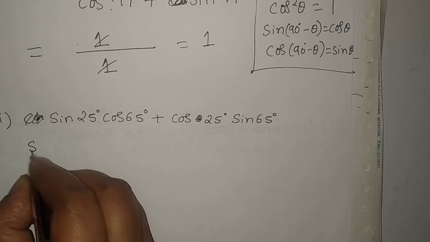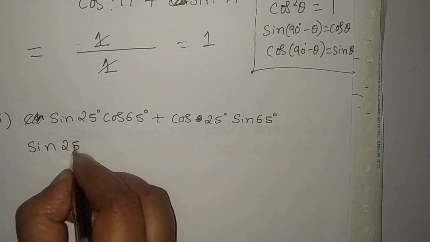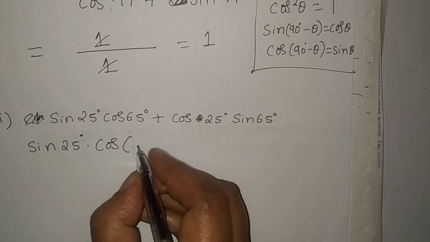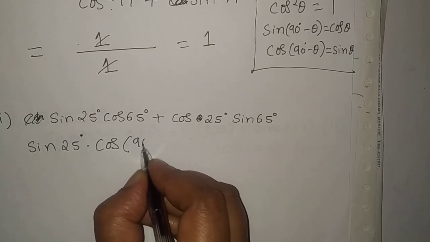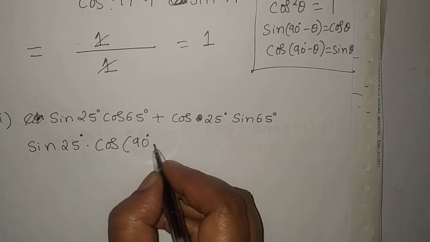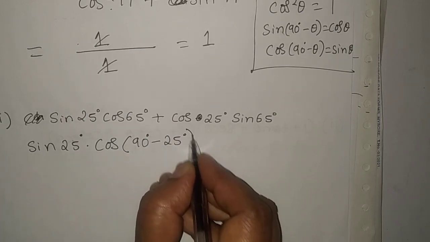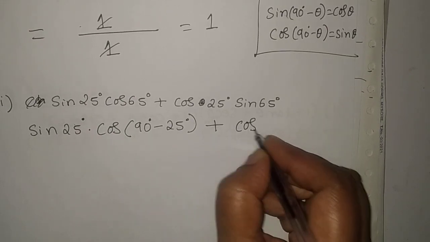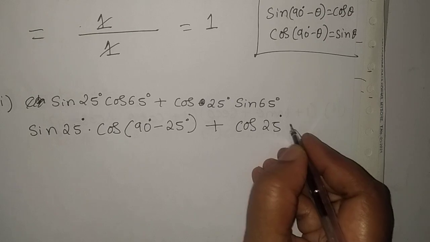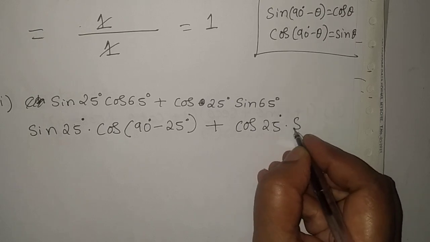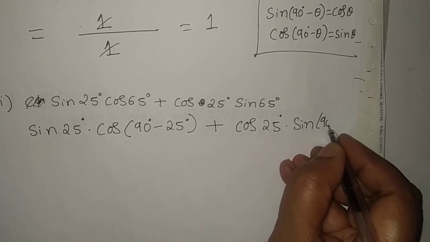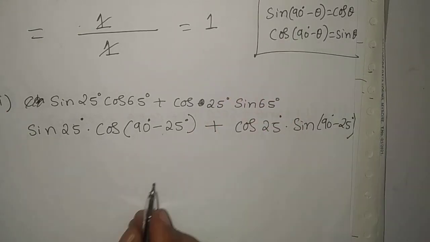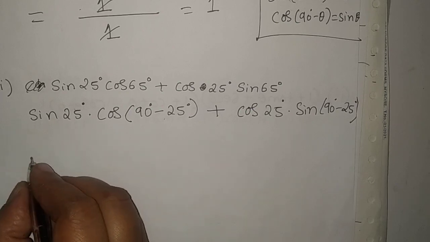Same thing here, cos 65 can be written as cos of 90 minus 25 degrees, and sin 65 as sin of 90 minus 25 degrees. Similarly, all these things I have written here, just apply here.